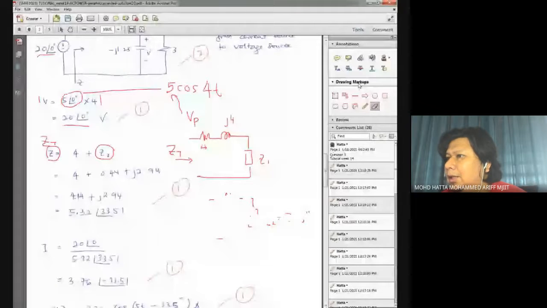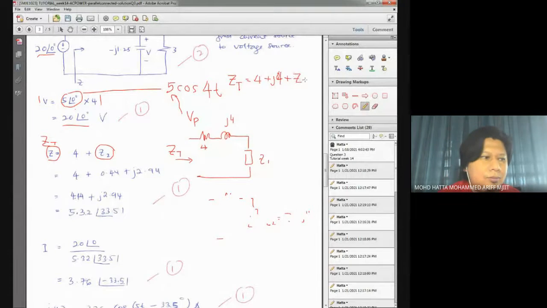You can just use this equation where Z total is given by 4 plus J4 plus Z2. Okay, you don't need to use this equation basically.